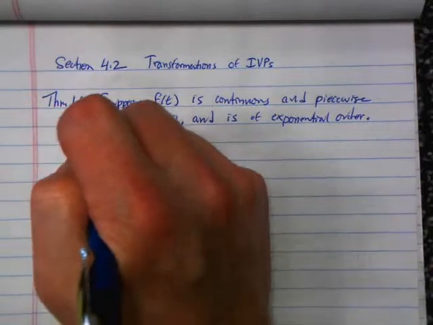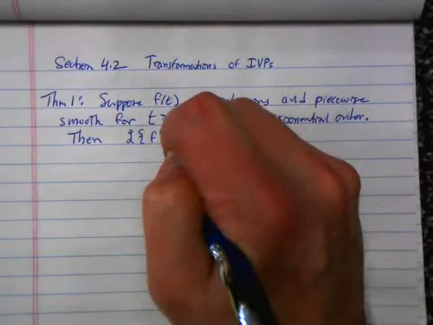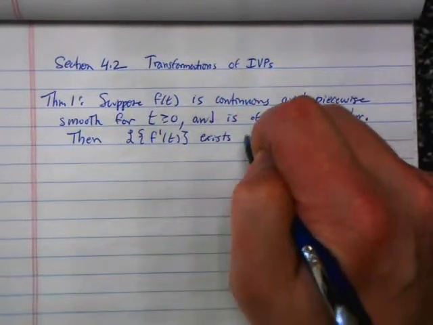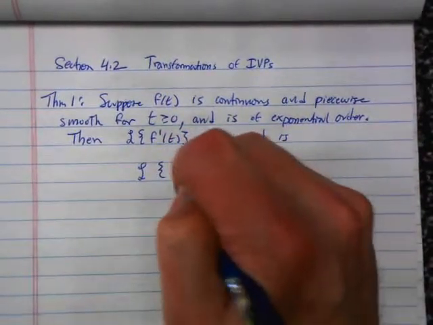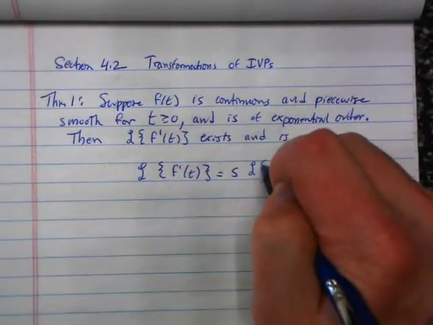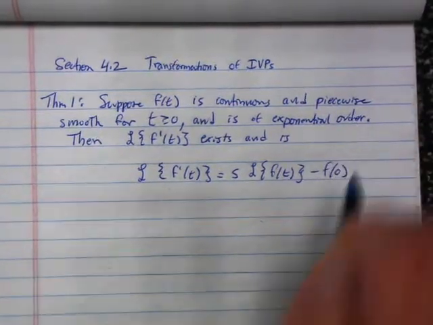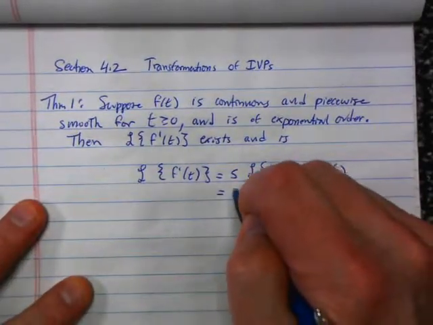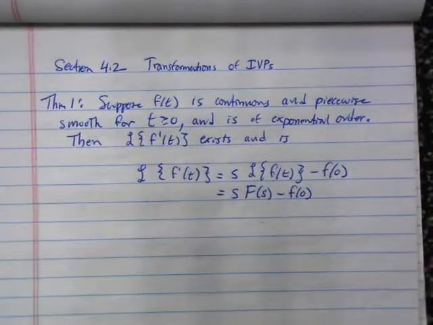Then the Laplace transform of the derivative of f of t exists, and it is s times the Laplace transform of the original function minus f at 0, which is quite often written as s times F of s minus f at 0.